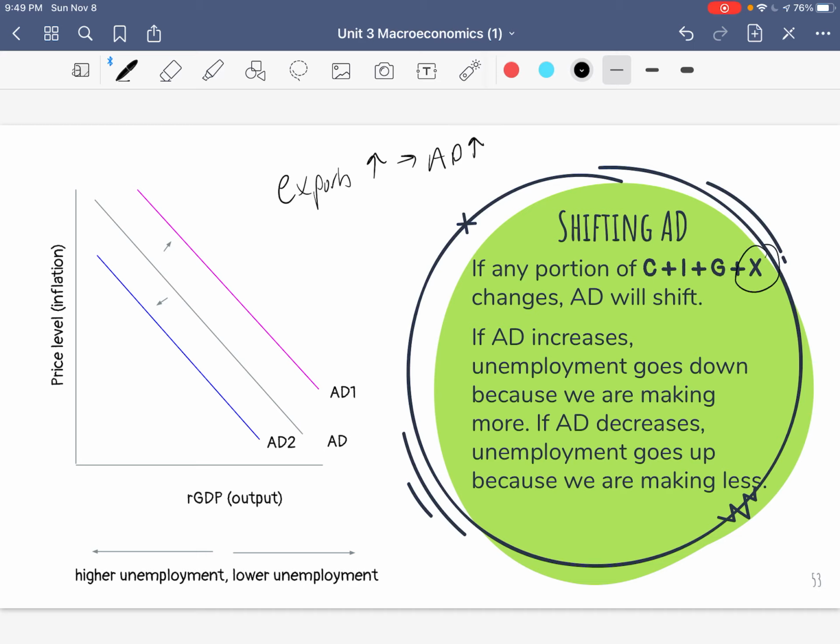But remember, X is exports minus imports. So if the import category gets bigger, that will actually decrease our AD. So if imports increase, that leads to AD going down. So write that down somewhere on your notes and let's remember that because it will get a little bit tricky when we start thinking about net exports.